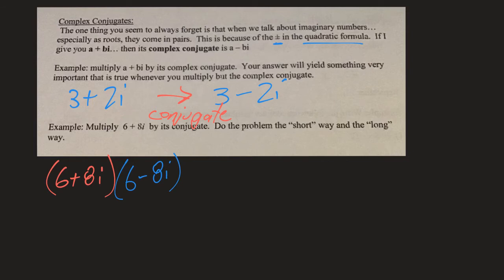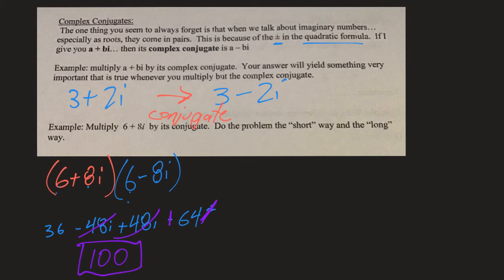Now, if we FOIL this out kind of the long way, 6 times 6 is 36, 6 times minus 8i is minus 48i, plus 48i, and minus 64i squared, okay? And you're going to notice, look, these are going to cancel out. My I squared is going to make this become a plus, okay? And I end up with 36 plus 64, which is just 100.